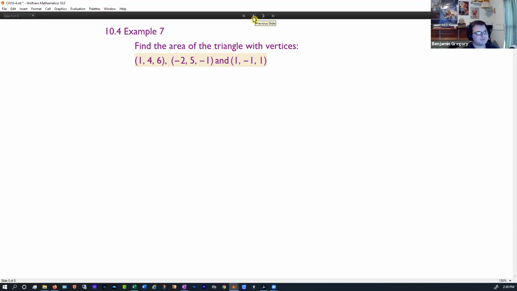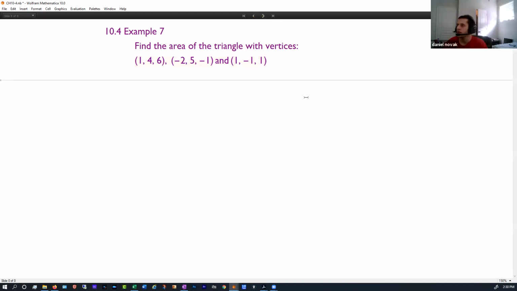It's really just work you've already done. You just got to do a cross product and take a magnitude. And then take half of it, don't forget, because this is the triangle, not the whole parallelogram. These are the same points as example 4 also. Yep. Great. It's really just to cut down on having to do the same thing over and over and over.